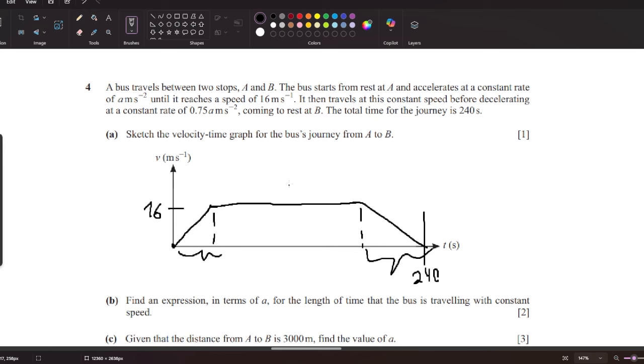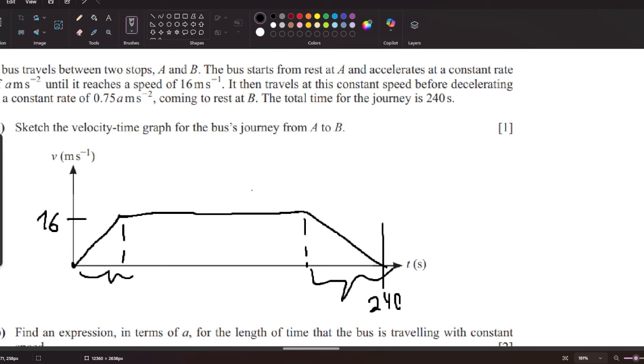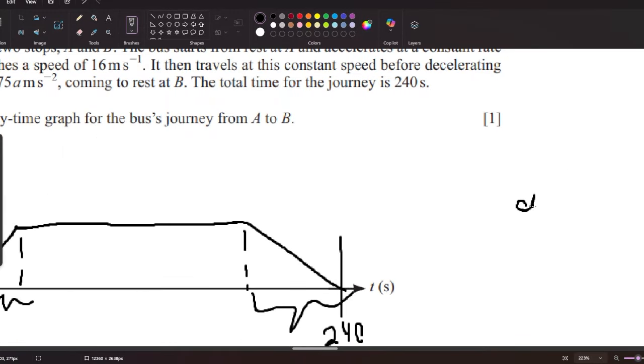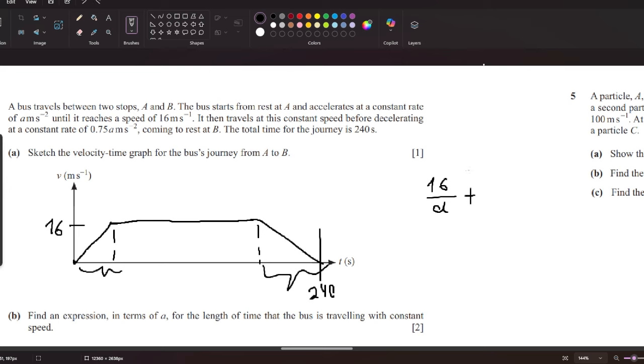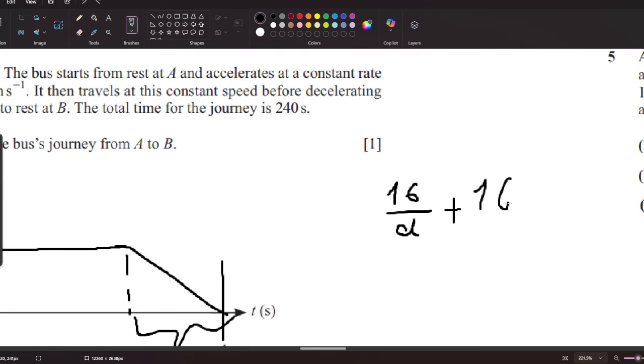So how long does it take for it to accelerate to 16? Well, it's just 16 over A, and that'll be this part. How long does it take for it to decelerate with this acceleration? Well, 16 over 0.75A.